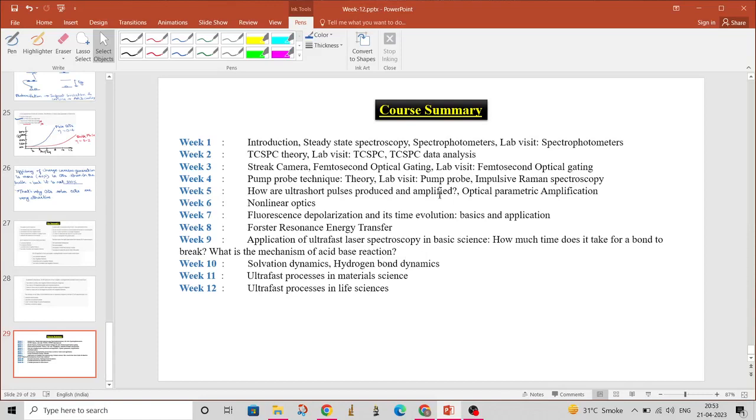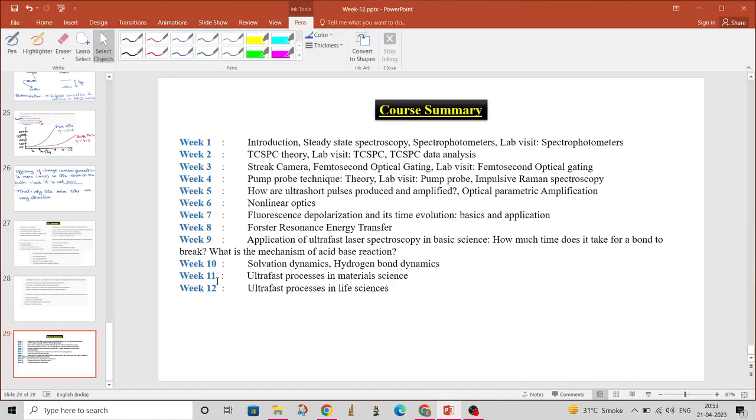Then in week 10, we saw solvation dynamics and hydrogen bond dynamics, the inter and intramolecular proton transfers, and we discussed the famous debate of Takeuchi and Tahara.